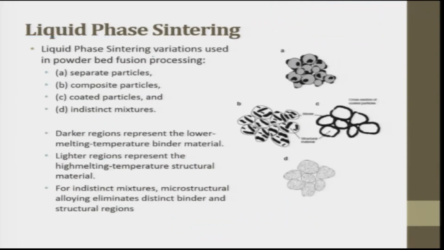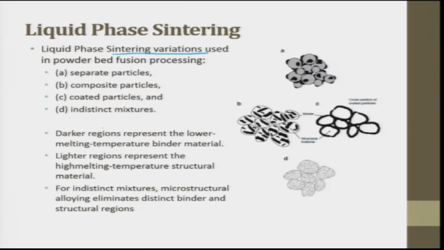So the liquid phase sintering variations used in powder bed fusion processes are: A is separate particles. Okay, these are all sintering variations, separate particles. Then B is composed particles. C are coated sections, these are all coated particles.